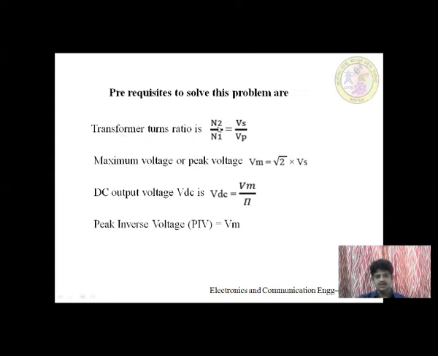So the equation is N2 by N1, that is the secondary turns to the primary turns, equal to Vs by Vp, means secondary voltage to the primary voltage. Then the maximum voltage or peak voltage, Vm, is equal to root 2 into Vs. This is already discussed. When we calculate, we'll get the Vm.